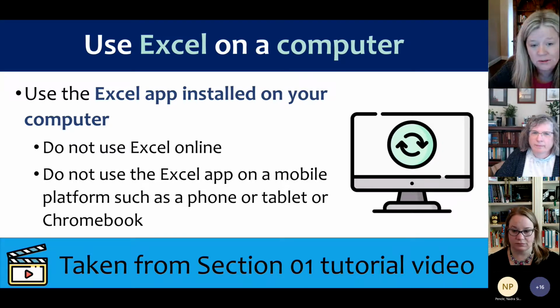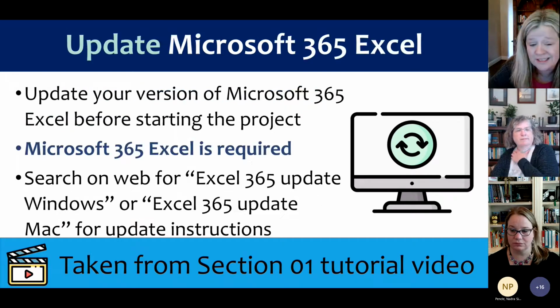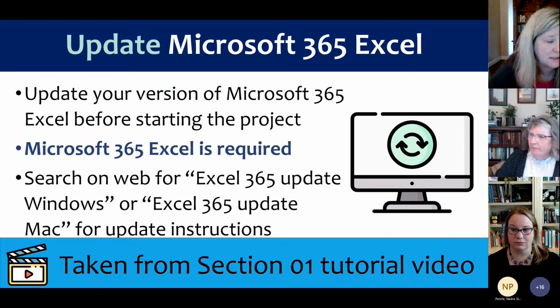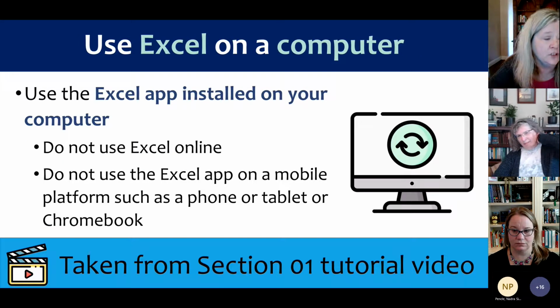They assume if they just downloaded a copy of Excel, it's the most recent version with all the updates, and that's not necessarily the case. So Wendy gives them instructions on using Microsoft 365 and making sure it's up to date, even if they just recently downloaded it from their school. Then on the next slide, she also reinforces that they cannot use Excel online. They'll have problems if they use Excel online.